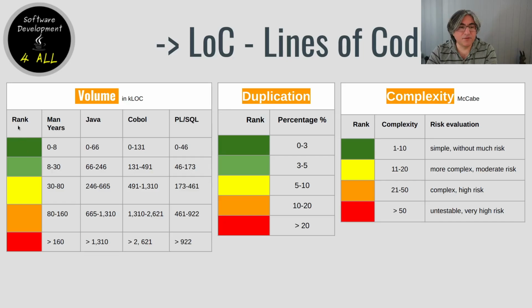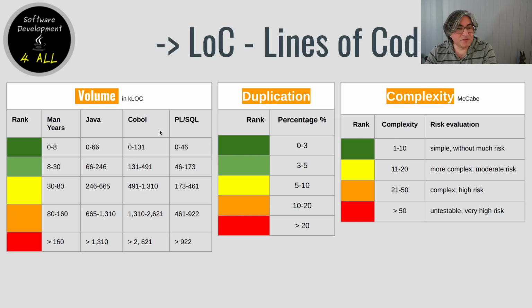The ranking is also different for the lines of code, per language, because some languages are more verbose. Others are just different, which is why you need less or more code, and they also serve different purposes.